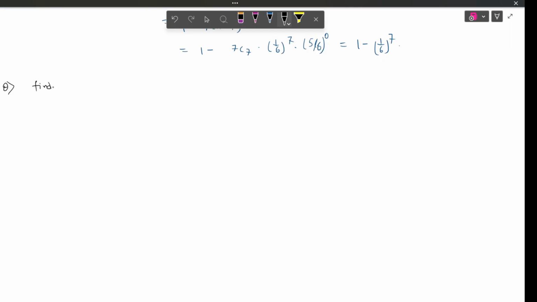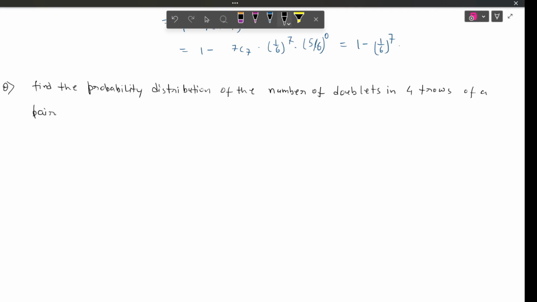Find the probability distribution of the number of doublets in 4 throws of a pair of dice. So let's see the solution.